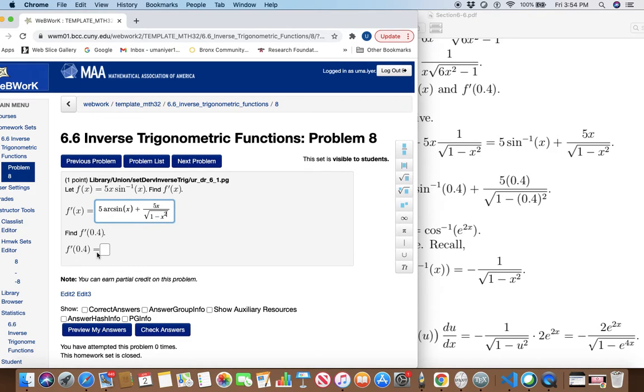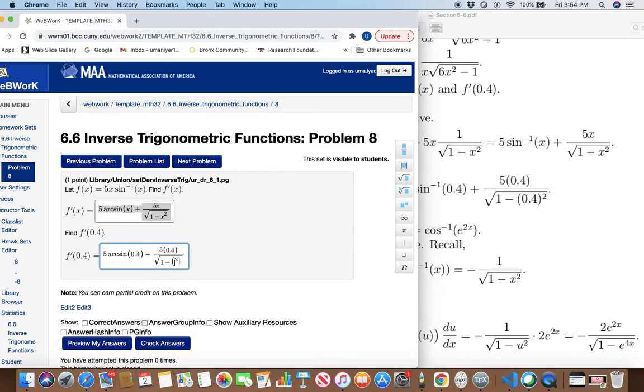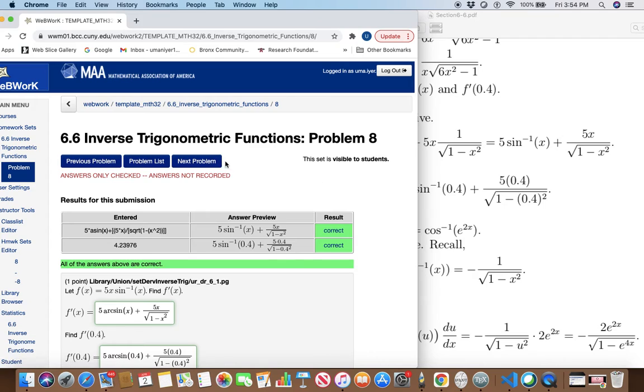Here, what I'll do is I'll simply copy paste and replace each x by 0.4. That's all I need. Don't forget to put parentheses. Then you're multiplying and taking square roots, squares, and so on and so forth. That's it. Check. Very good.